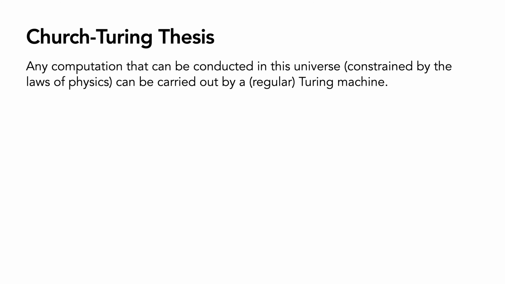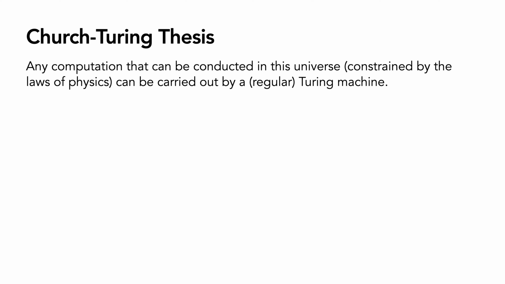Well, as you were thinking of that, hopefully one of the things that came to mind was the Church-Turing thesis. And that said that any computation that we could do with any sort of computing device in our physical universe can be carried out by a Turing machine. And when we made that, we were really just thinking of a plain old Turing machine.